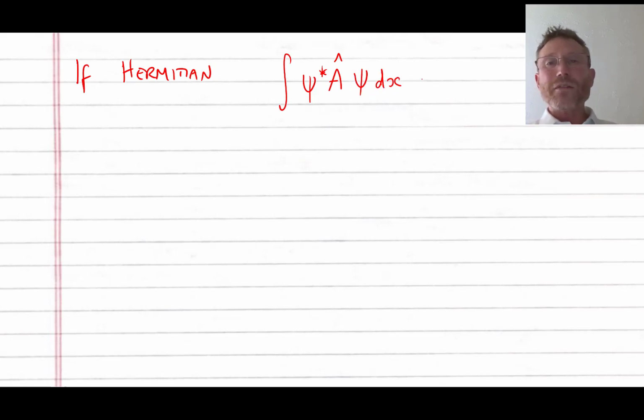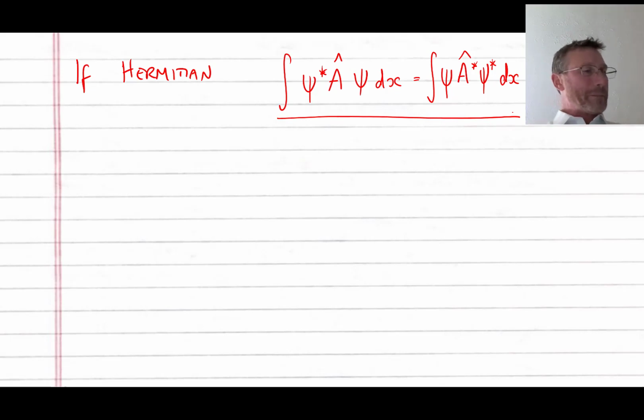So if Hermitian, this is equal to the following expression, where now we have the complex conjugate of the operator operating on the complex conjugate of psi dx. So this ends up being a definition.